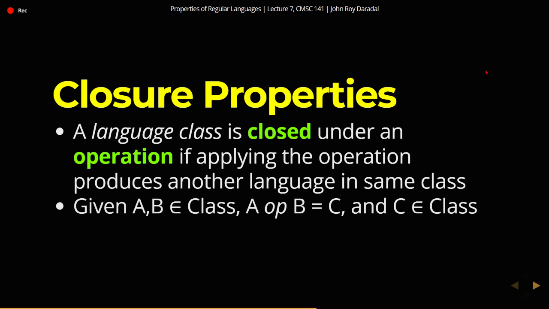Given two languages A and B, which are part of the language class, let's say the regular languages, if we apply the operation to A and B and it produces C, and C is also part of the regular languages, always, then we say that the regular languages are closed under this operation.